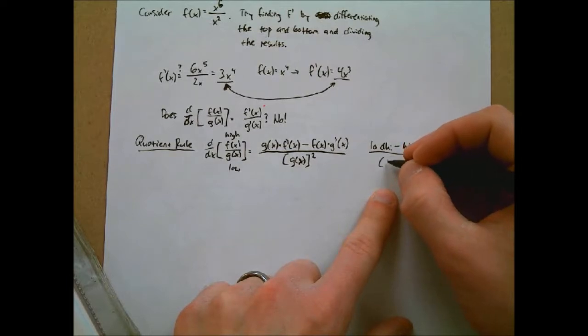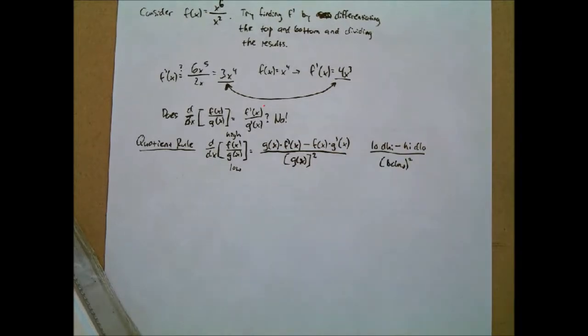Oh, that's cute. It sounds like something a mathematical leprechaun would say. Indeed. So anyway, low d high minus high d low over the square of what's below. I'm Lil Wid, that's my rapper name.